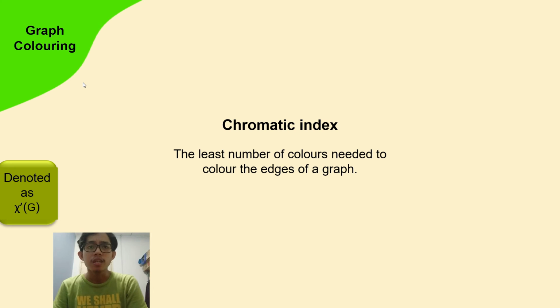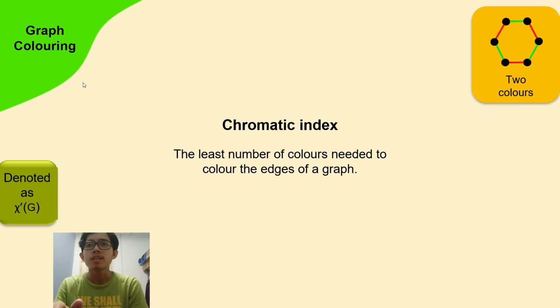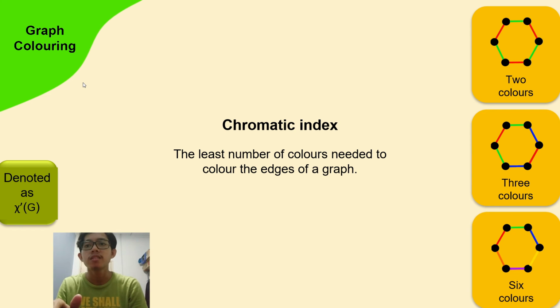In other words, the edges are incident on the same vertex. So for example, we have a graph of 6 vertices, which can be assigned with 2 colors, 3 colors, and 6 colors. So since the chromatic index is the least number of colors, the graph with 2 colors is the chromatic index.